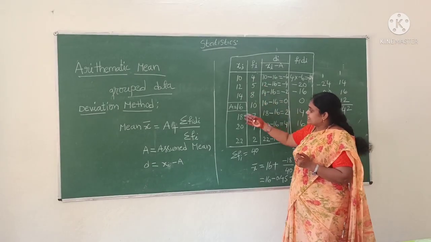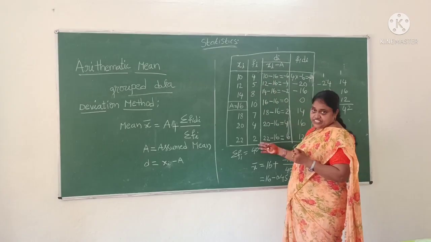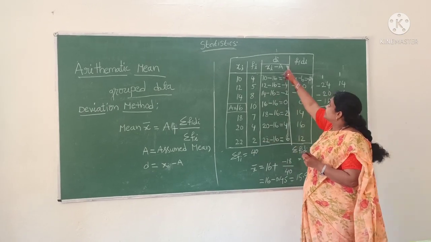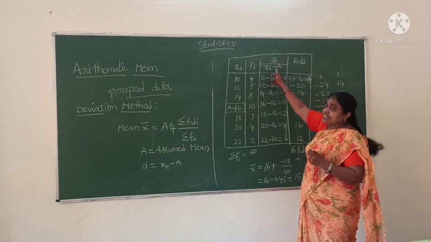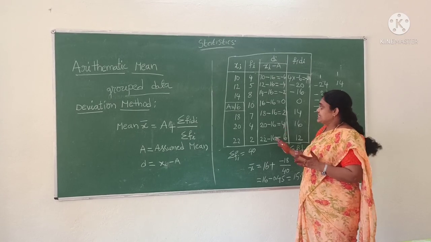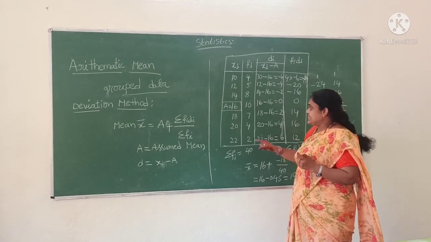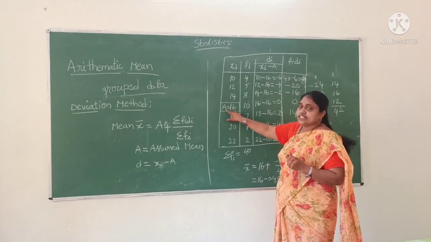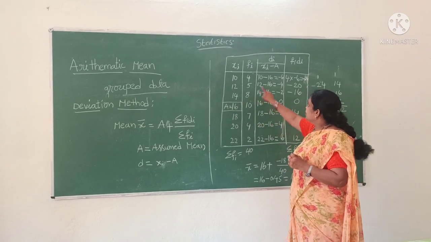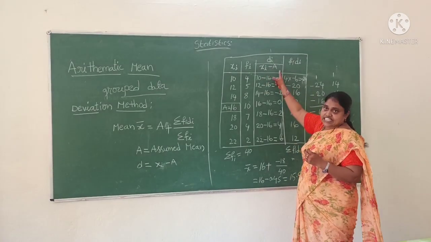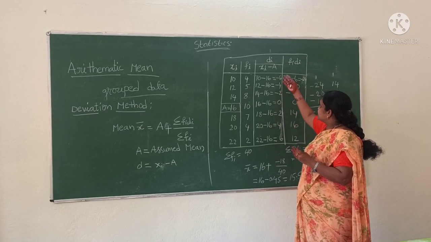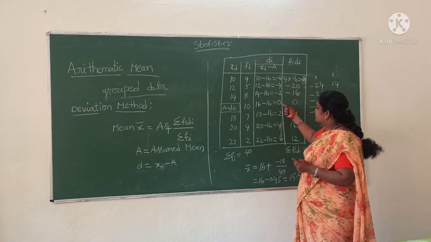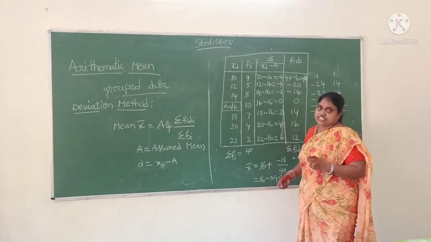These are xi observations, these are frequencies, and we calculate di, xi minus a. In this table, I assume 16 is assumed mean. So di is xi minus a. Then we got minus 6, minus 4, minus 2, 0, 2, 4, 6.